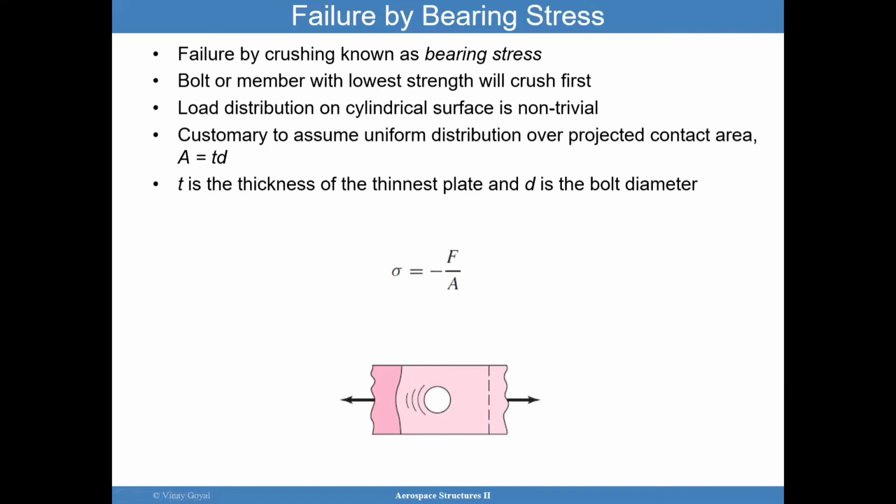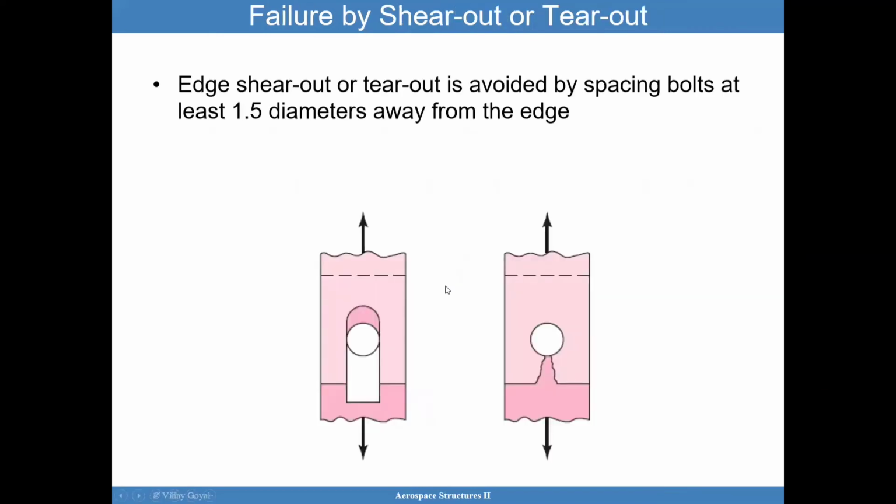And so that projected contact area is assumed to be close to A equals the thickness of the member times d, which is the diameter of the bolt, and then that will give you the stress for the member. Edge shear out and tear out can be avoided by spacing the bolts at least 1.5 diameters away from the edge.